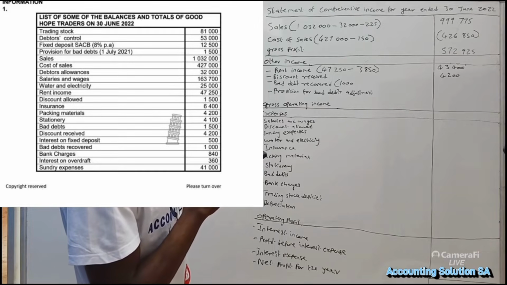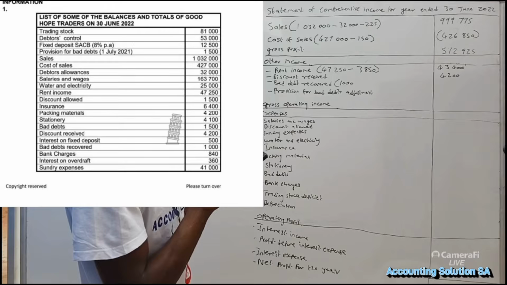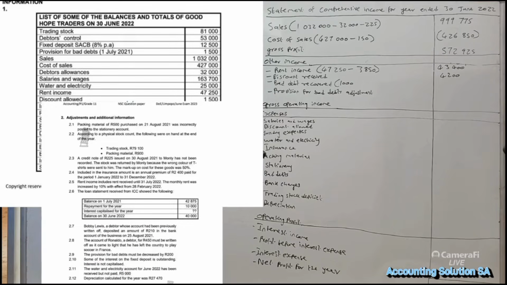Under additional information, number 2.7: Bobby Lewis, a debtor whose account has been previously written off, deposited an amount of 210 in the bank account of the business.